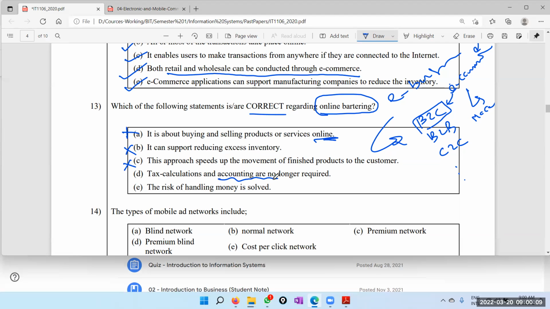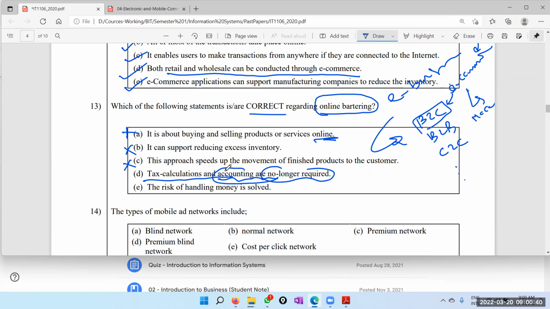Because if we give something, it has to be recorded in the accounting system, saying that that product is no longer in the inventory, right? Tax calculations, maybe yes, because it's very difficult to track unless it is mentioned in the accounting. But if it is mentioned in the accounting, definitely you have to do the tax calculation, right? So it's a very debatable answer.